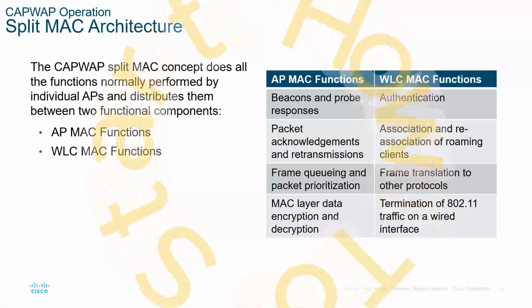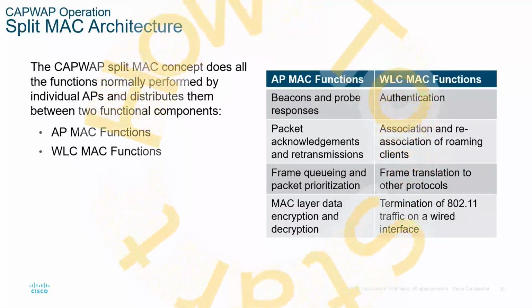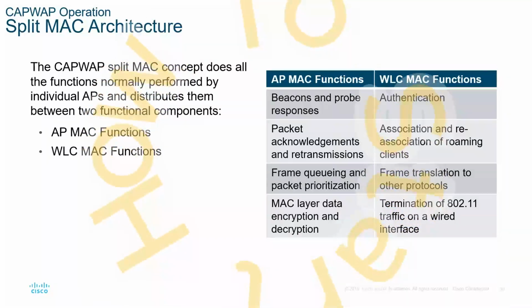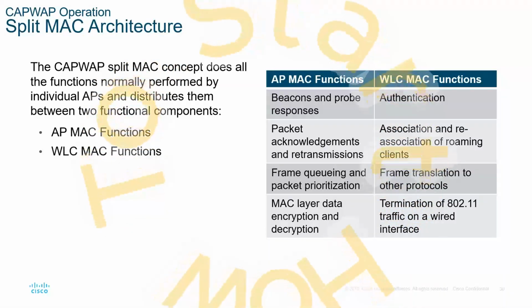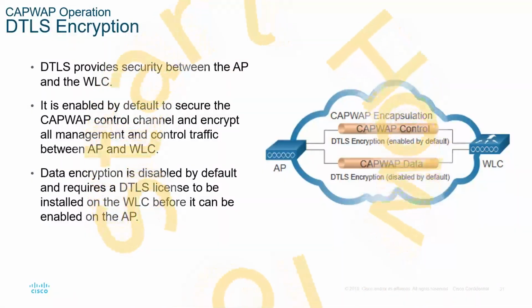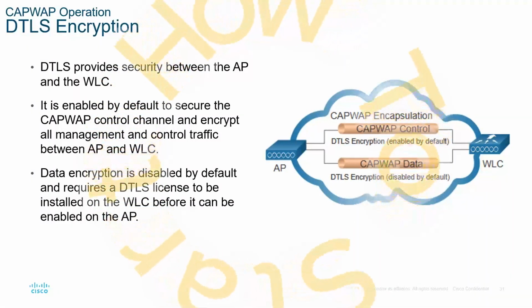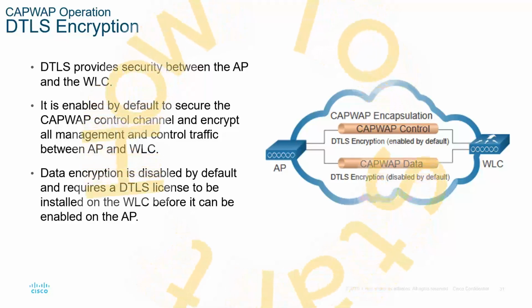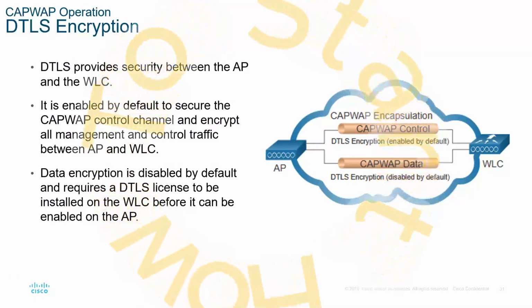So there are different features based on the hierarchy that is used. Not everything will be tied to the access point, and not everything will be tied to the wireless LAN controller. There is a separation. Looking at DTLS again, it provides security between the access points and the wireless LAN controllers, and we can encapsulate data that is flowing back and forth.